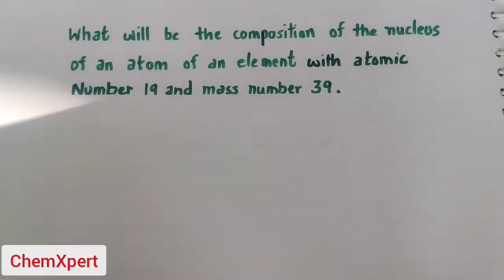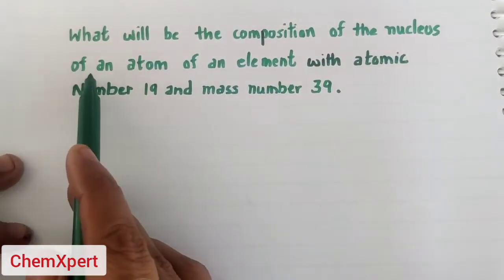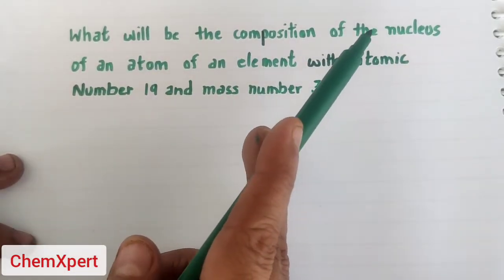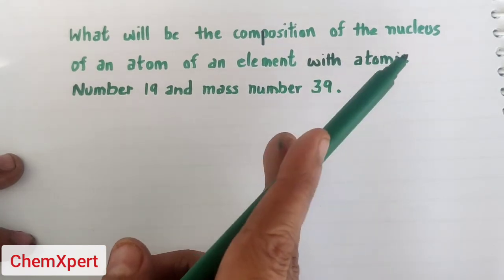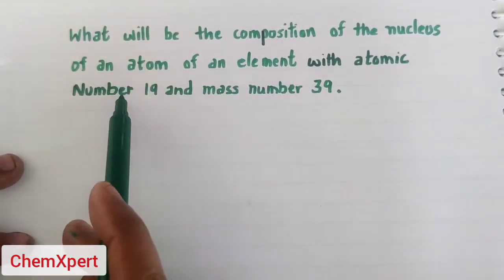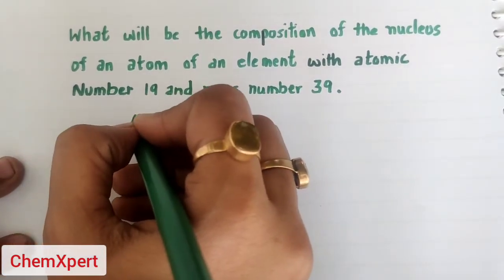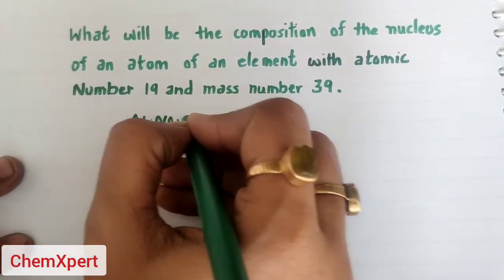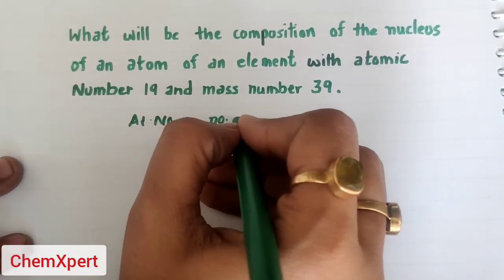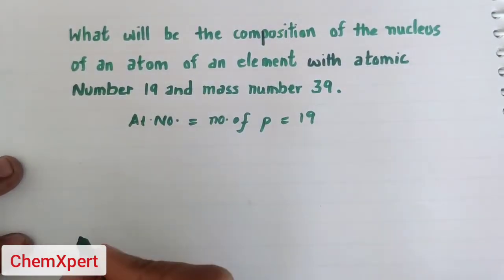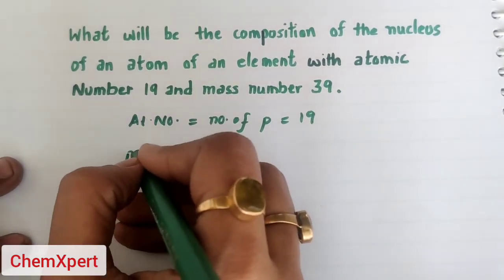Now the next question is, what will be the composition of the nucleus of an atom? Composition of nucleus means the number of protons and neutrons. It is asked for an element with atomic number 19 and mass number 39. If the atomic number is 19, this represents the number of protons, which is 19. The second point is the given mass number.